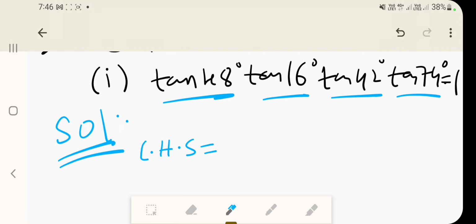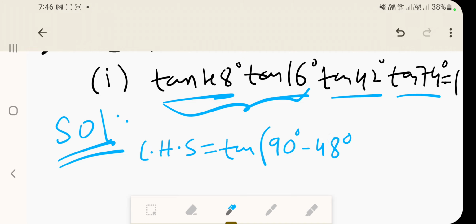So out of these 4, we are going to change any 2 terms into another form, not all. Tan 48 degrees can be written as, in place of 48 we can write 90 minus 48. For tan 42 we can write tan 90 minus 48, or for tan 48 if you want, we can write tan 90 minus 42 degrees.